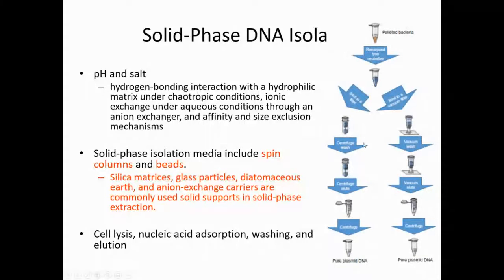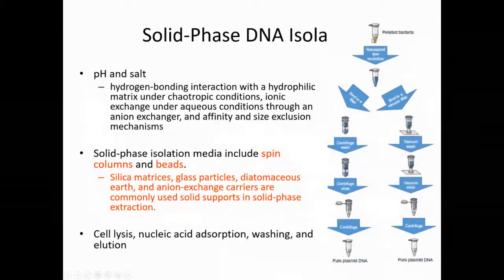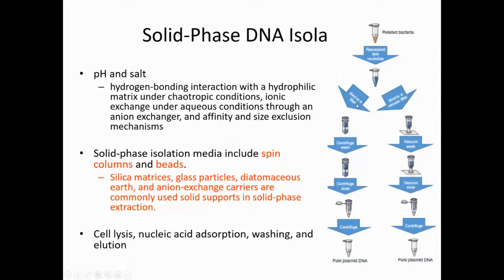And after you lyse the bacteria, you run the cell lysate through this column, right? And then the DNA will bind the filter, and then you can wash the filter, and later on you can elute the DNA using the low salt buffer.